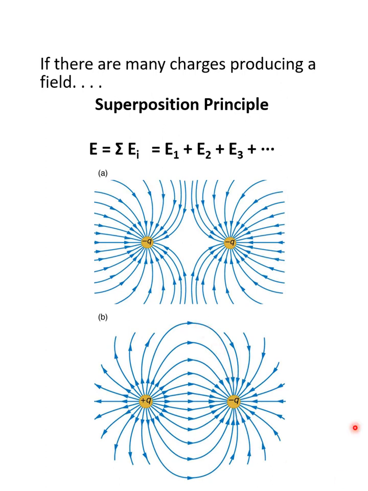So what you're looking at in these two pictures are the electric fields from two equal charges. The one on the top has equal signs, and the one below has equal charge magnitudes but opposite signs.